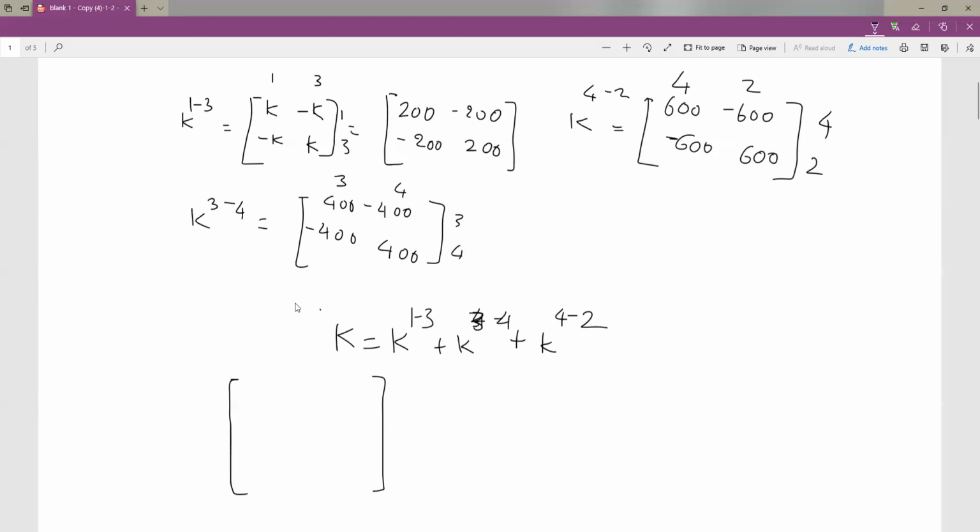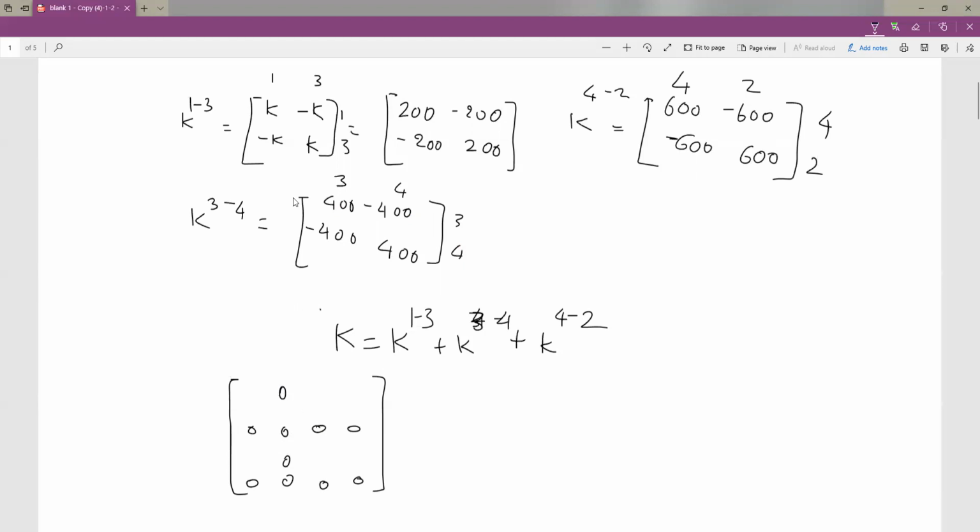So what we do is we introduce zeros at 2 and 4, the second column and second row. This is the second column we have to introduce, and then the second row members should be 0. Then the fourth row and fourth column should be 0.